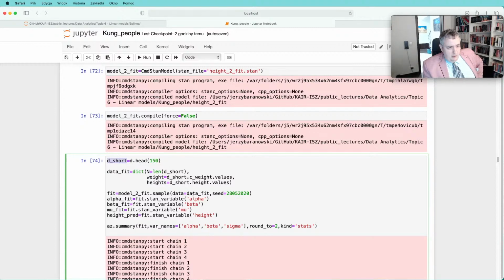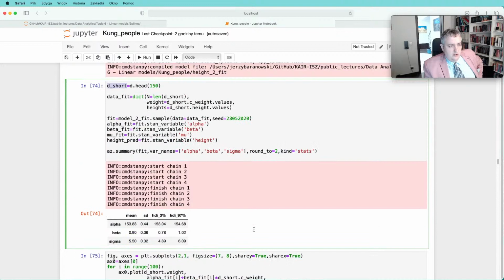So we fit our model, we get our parameters, we generate the ArviZ summary for it, and how does it look? Well, the alpha interval is very close, because it gives this average of 150 with movement of 0.4 centimeters in one direction or another.